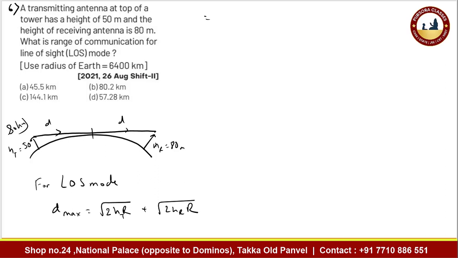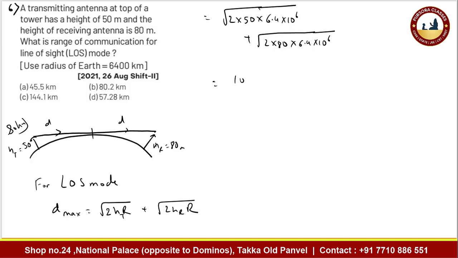So that will be under root 2, h is 50, R is 6400 kilometer, so 6.4 into 10 raised to 6, plus under root 2 into 80 into 6.4 into 10 raised to 6. So here 10 raised to 3, here also 10 raised to 3, so we can take 10 raised to 3 common. We have root of 640 plus root of 160 into 6.4.